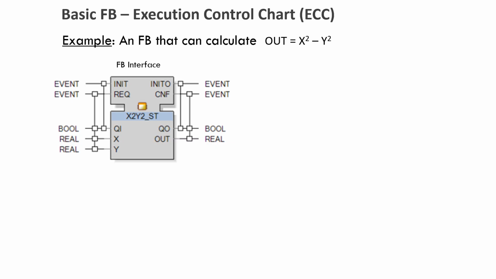So let's consider a very simple example, a basic function block that calculates x squared minus y squared and outputs it as an output variable. So this will be real input variables x and y.